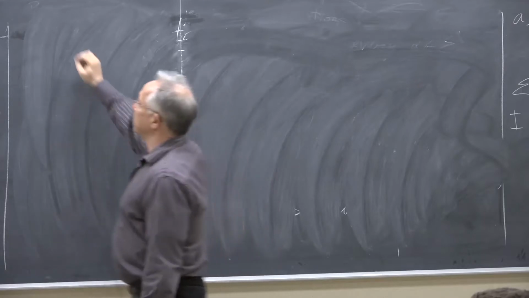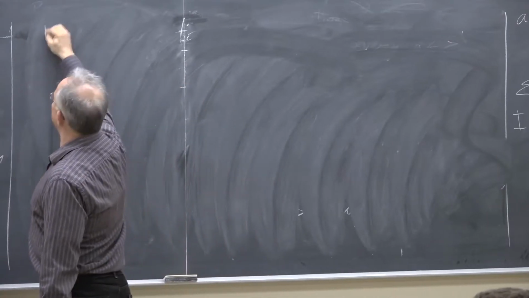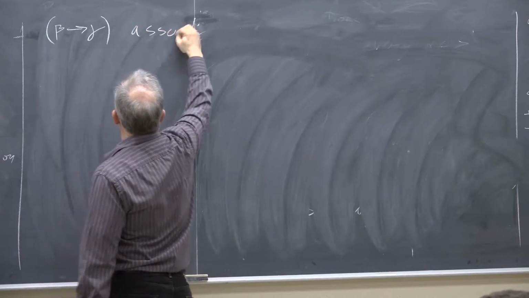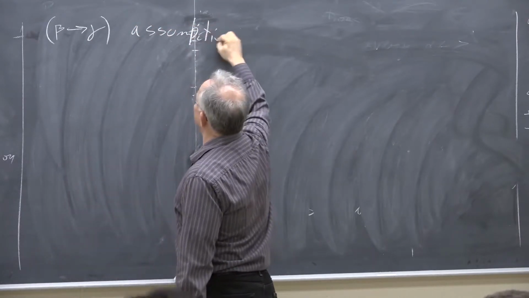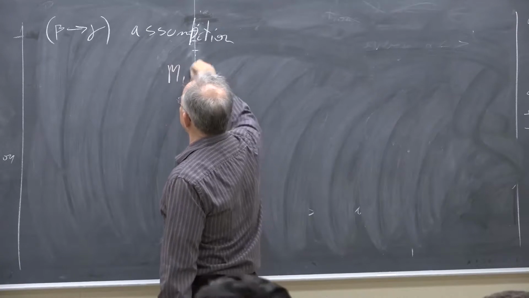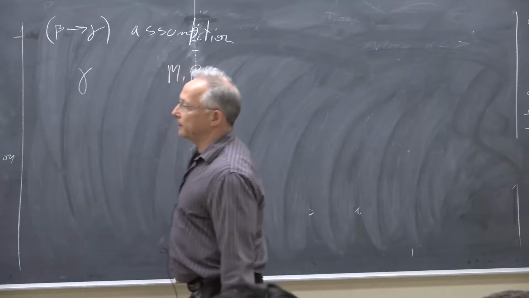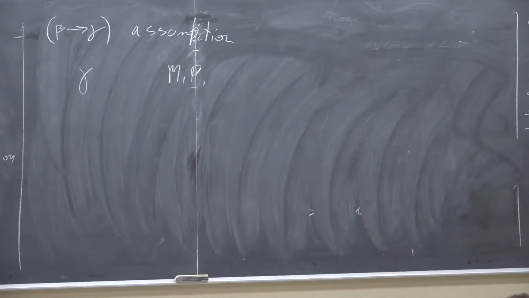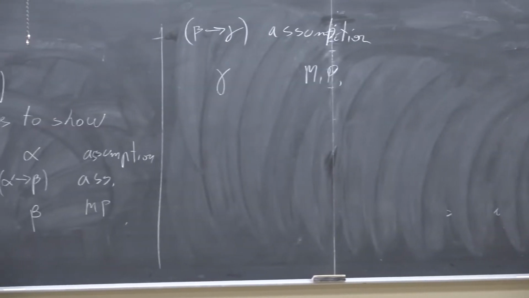Then I'll get beta arrows gamma, which is an assumption. Then I'll use modus ponens again and get my gamma. So this is a very useful tool, this deduction theorem, because it makes my proofs much easier.